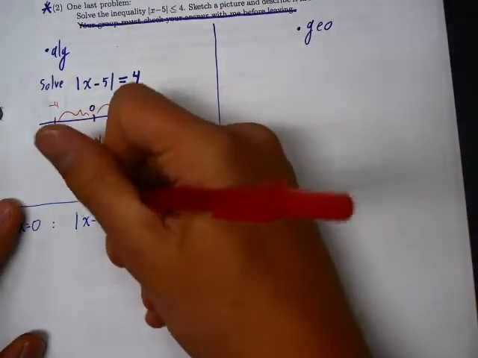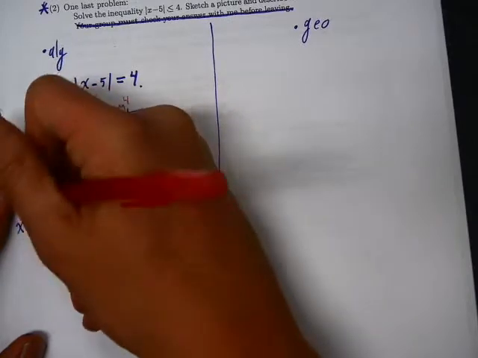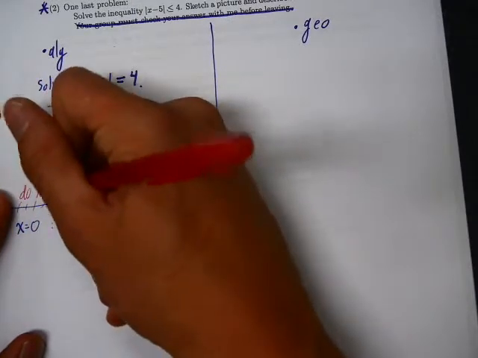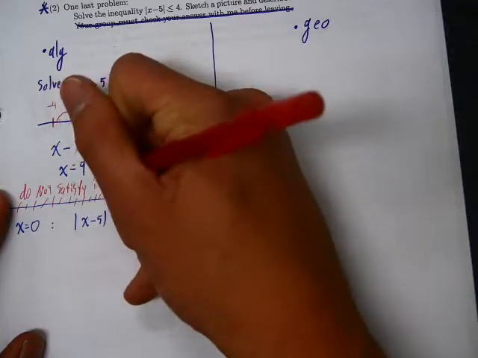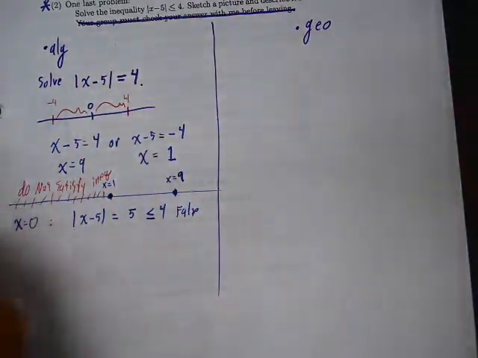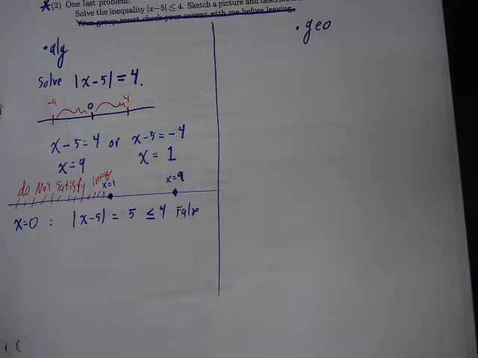So all of these numbers to the left of 1 do not satisfy the inequality. And presumably at this point, you guys have picked a number between 1 and 9 to plug in. What did you get?